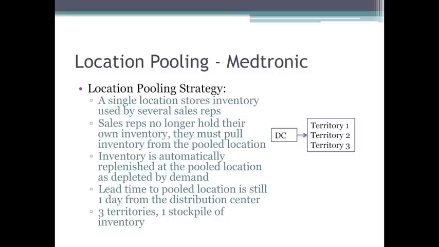So you have less safety stock. Like I said, safety stock is inventory, it's a type of fat basically. And so by needing less, you have less inventory, you have less inventory costs.